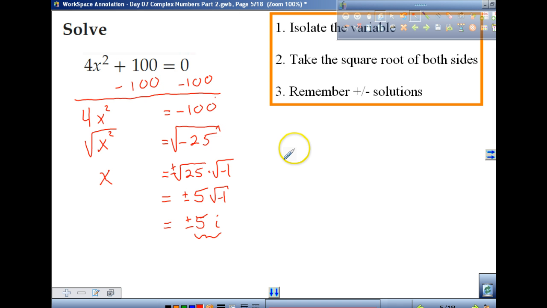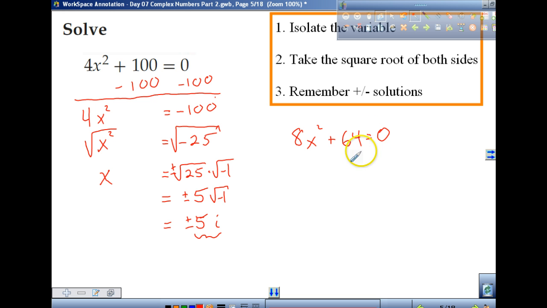All right. So another one very similar. Let's just make one up. Let's say 8x squared plus, what's a good number here? 64. Okay.